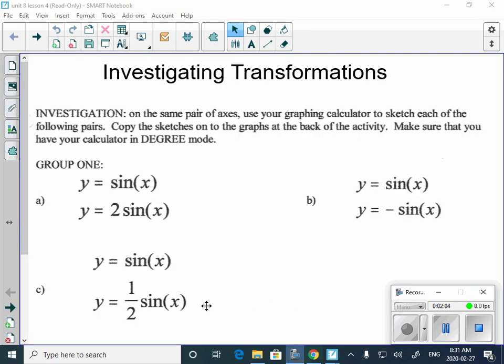The third investigation that we're looking at today is y equals 1/2 sine x. So just as before, this is at the front of the function outside of the x value, so it should be a vertical change. A vertical compression factor 1/2 is what I'm expecting to see. I expect it to be half as high as the original function.